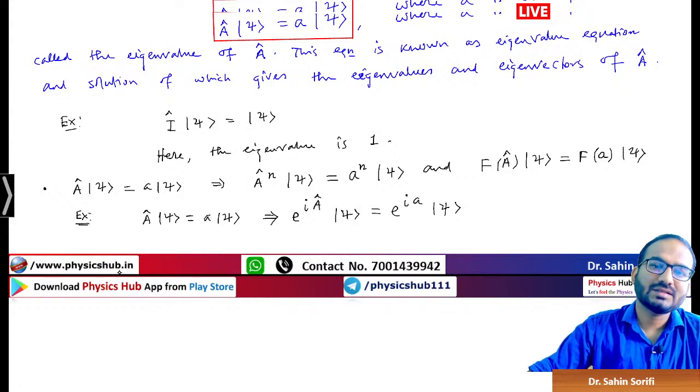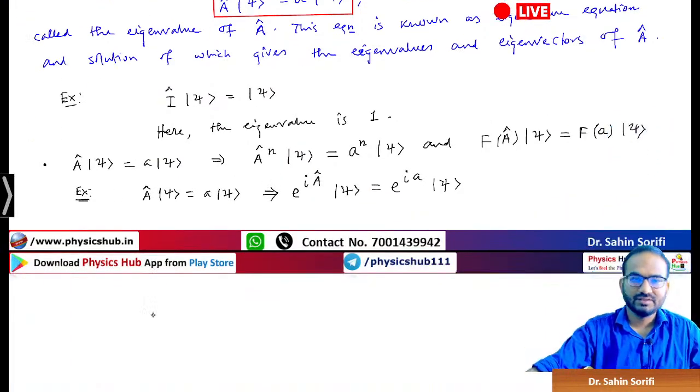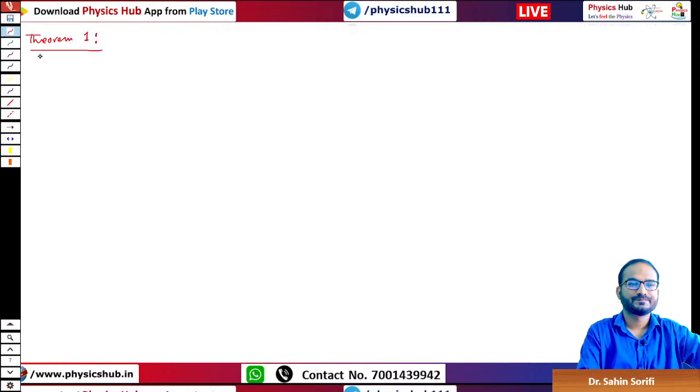Now regarding this eigenvalue and eigenvector, I think you have understood it easily. There are certain theorems which we will just write, and that is sufficient for us. Theorems on eigenvalues and eigenvectors. So this is theorem 1. For a Hermitian operator, just note it down.